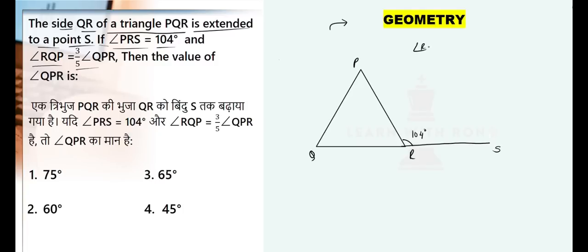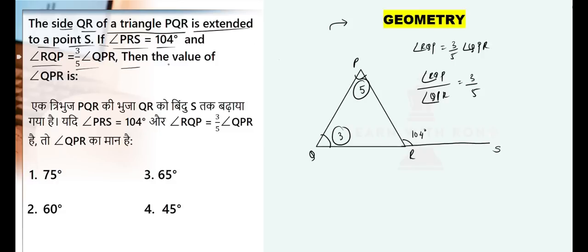So angle RQP divided by angle QPR is 3/5. Angle RQP is 3 parts, angle QPR is 5 parts.